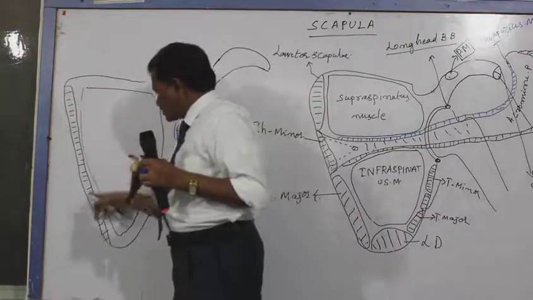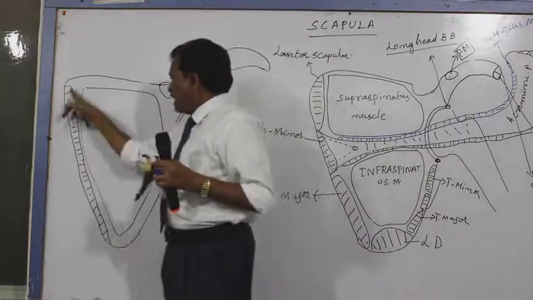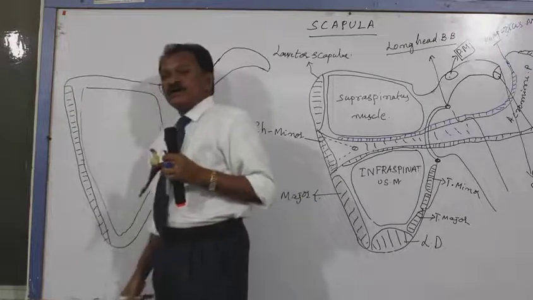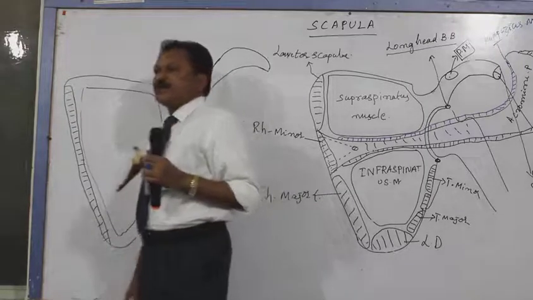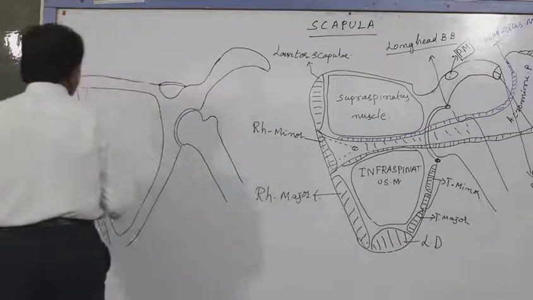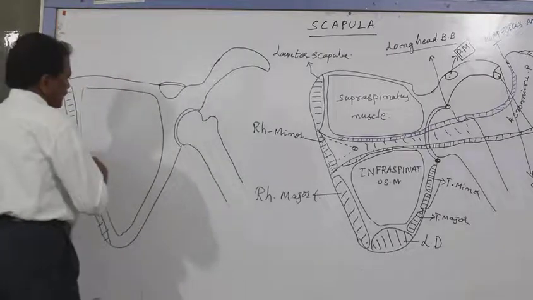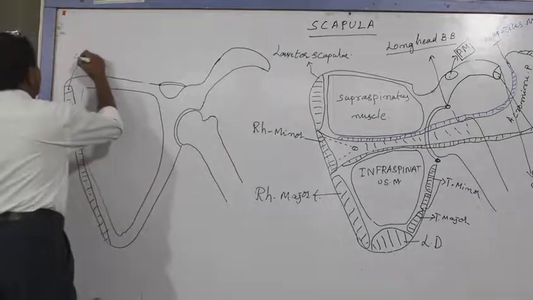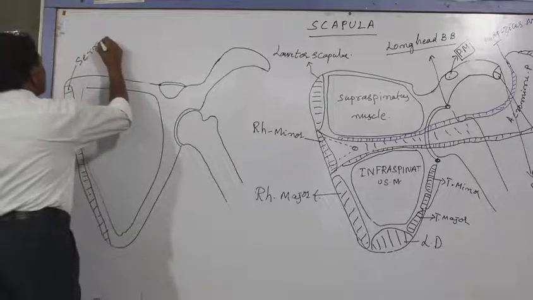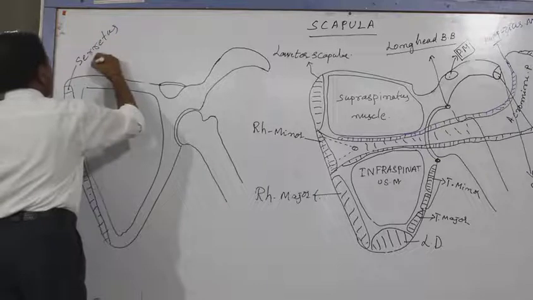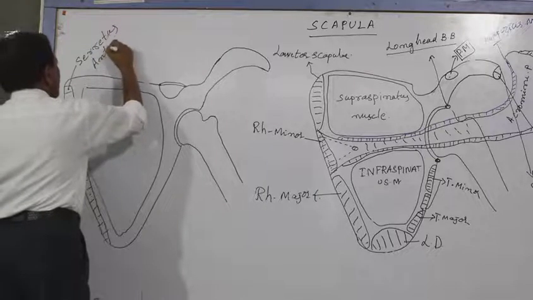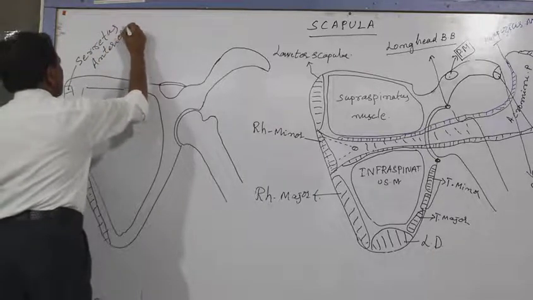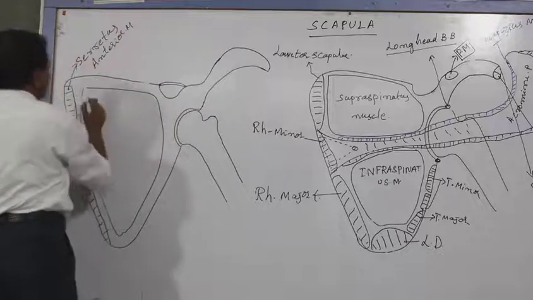Along the medial border there is an insertion of the serratus anterior muscle. And in the middle here is the area for the serratus anterior muscle.